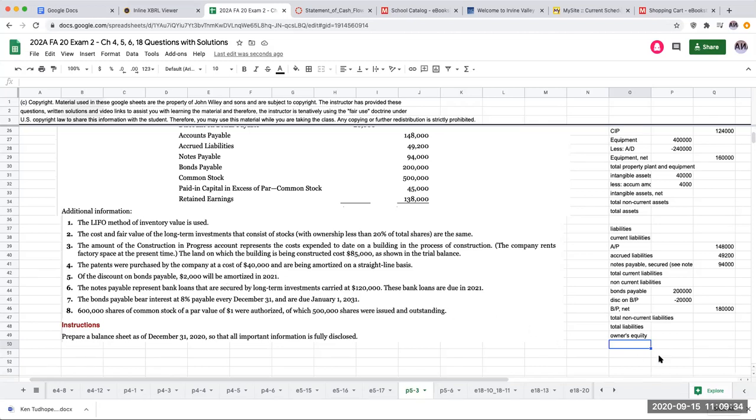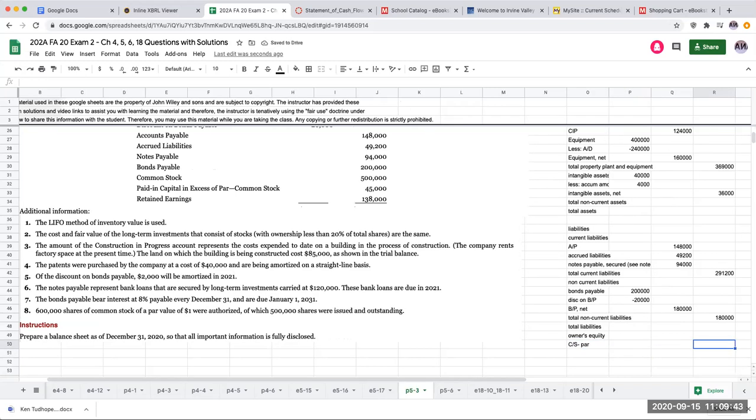So let's go down here to owner's equity. We're going to have common stock, par, 500,000. We're going to have additional paid-in capital, common stock of 45,000.